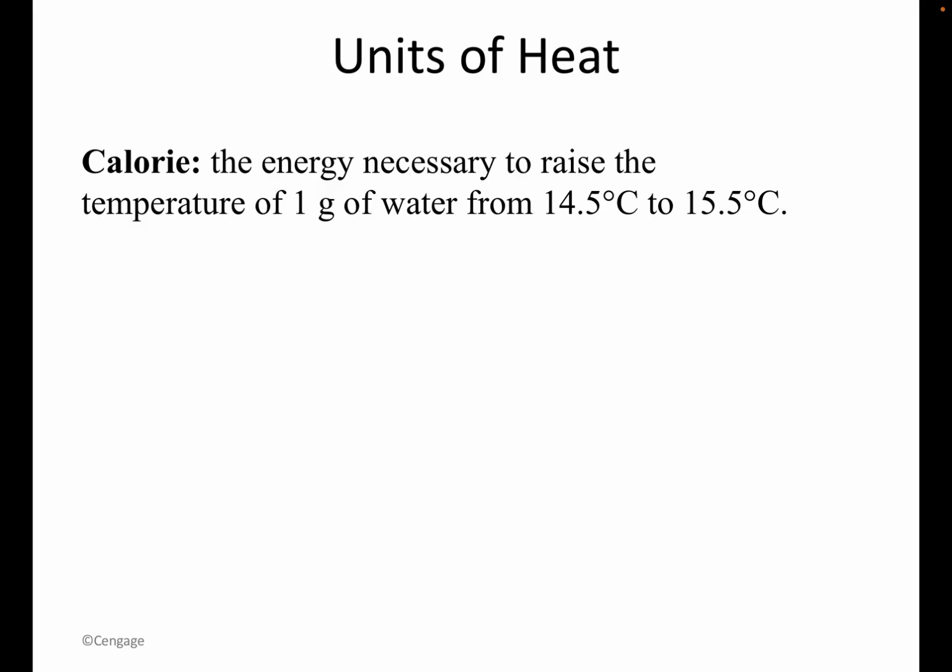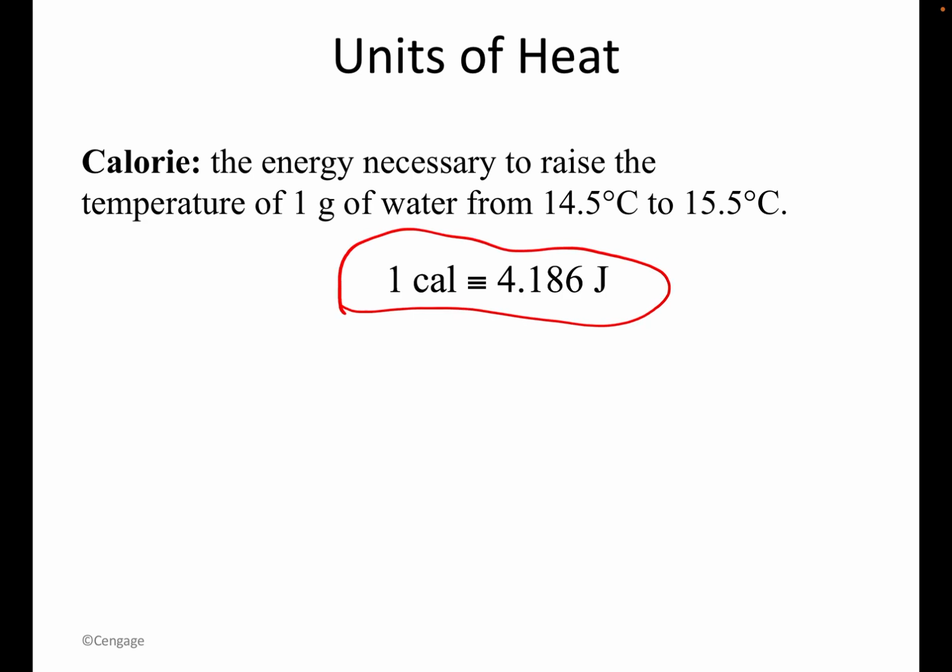It's called the calorie. By definition, the energy necessary to raise the temperature of 1 gram of water from 14.5 Celsius to 15.5 Celsius is 1 calorie. And in joules, 1 calorie is 4.186 joules.